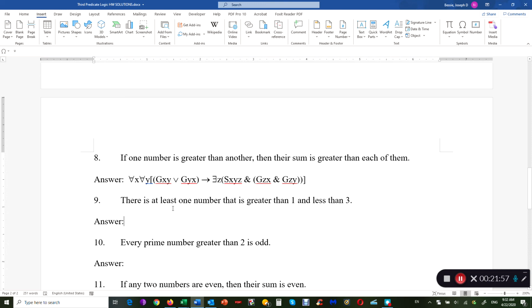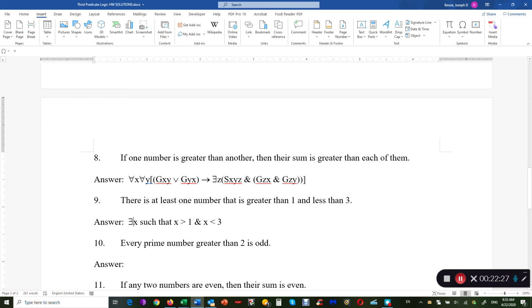Okay, for number 9, there's at least one number that is greater than 1 and less than 3. So there is at least one X such that, existential quantifier.